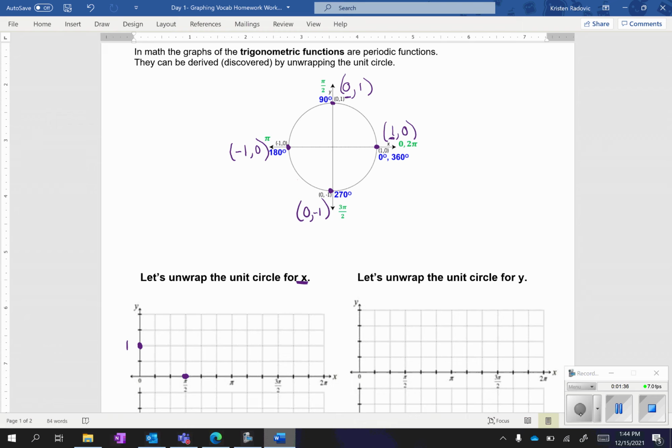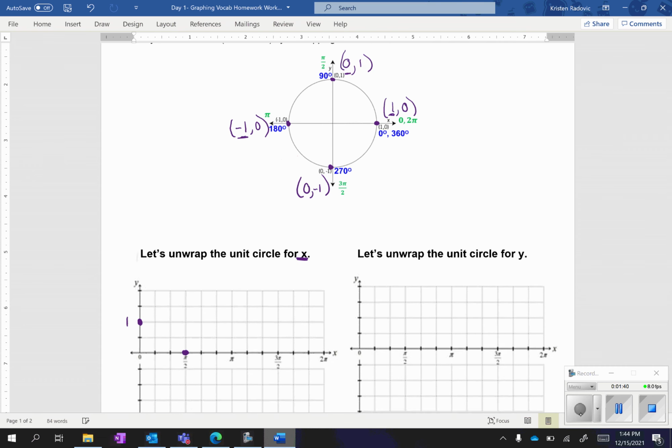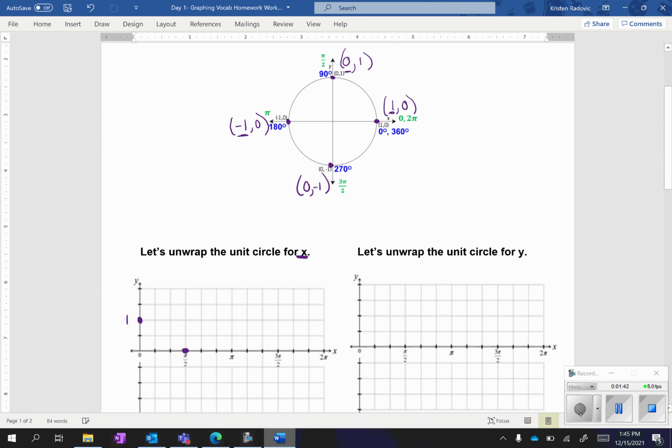I'm going to go to pi radians. At pi radians, my x-coordinate is -1. That would be here. And at 3 pi over 2 radians, down below, my x-coordinate is 0. At 2 pi radians, my x-coordinate again is 1.